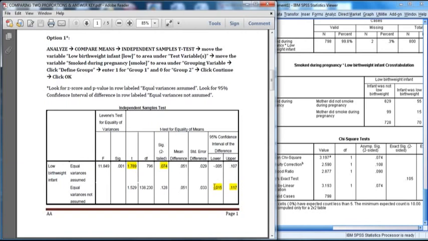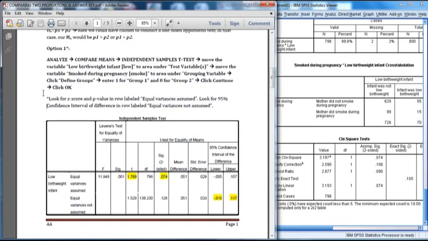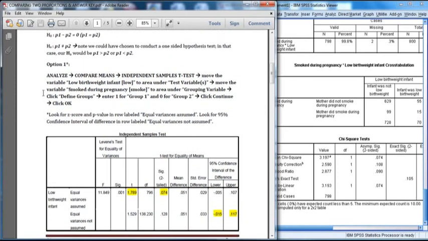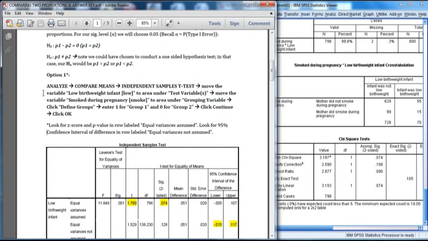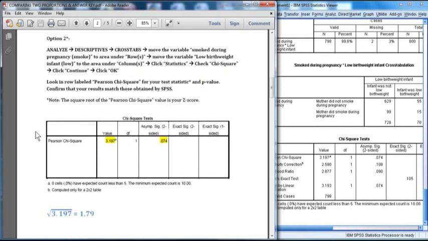We can create a confidence interval for the difference between the two population proportions, and we see here that 0 is contained within that confidence interval, indicating that 0 is a possible value for the difference between the two population proportions, and that's consistent with what our hypothesis test has told us.